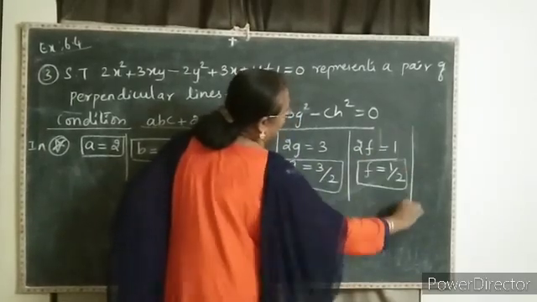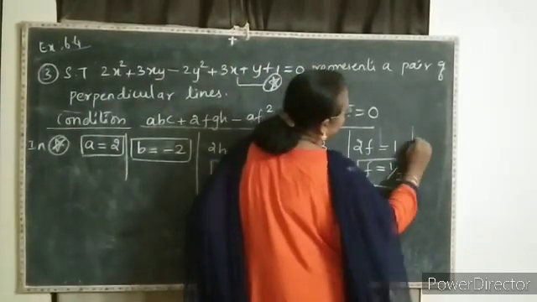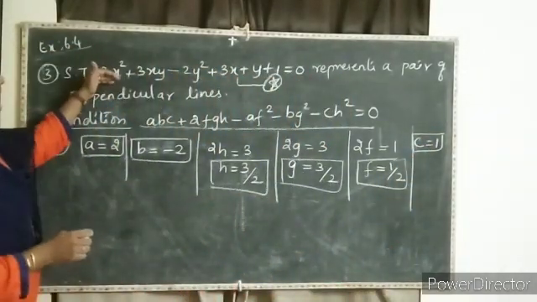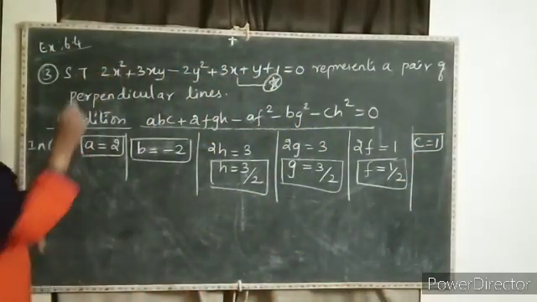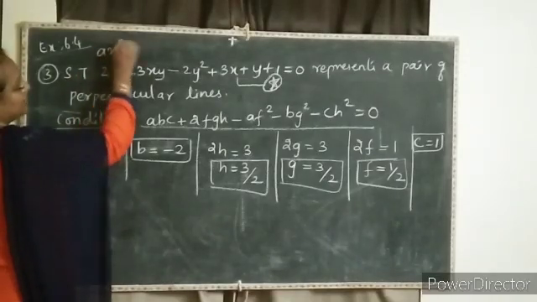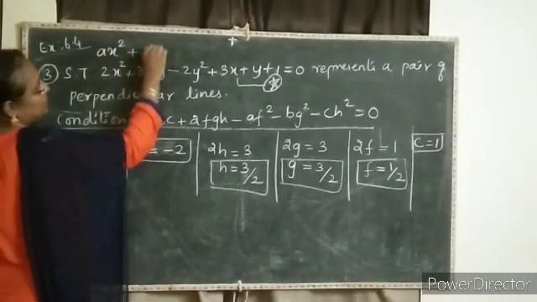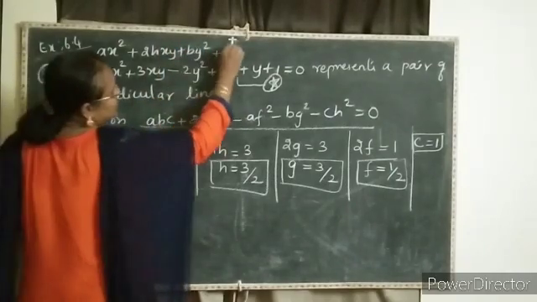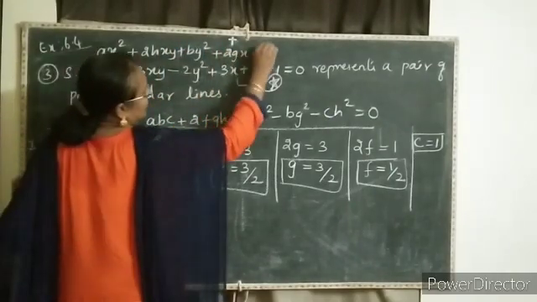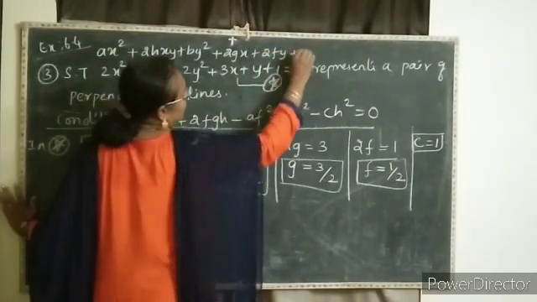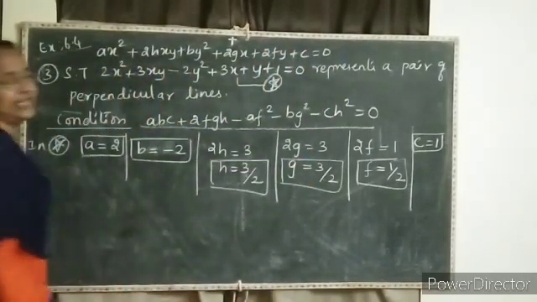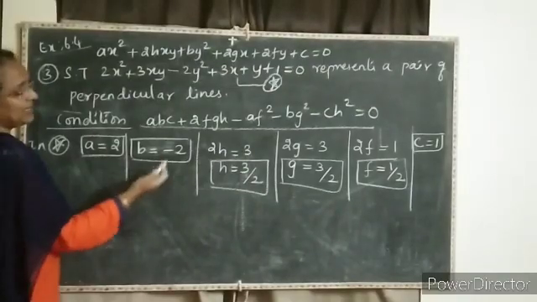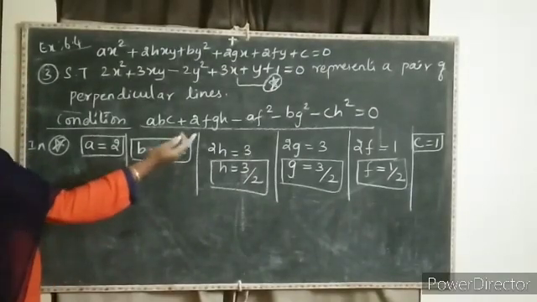What is the next one? c value? c is equal to 1. On the top of this given equation, you write the general equation and check it: ax squared plus 2hxy plus by squared plus 2gx plus 2fy plus c is equal to 0.